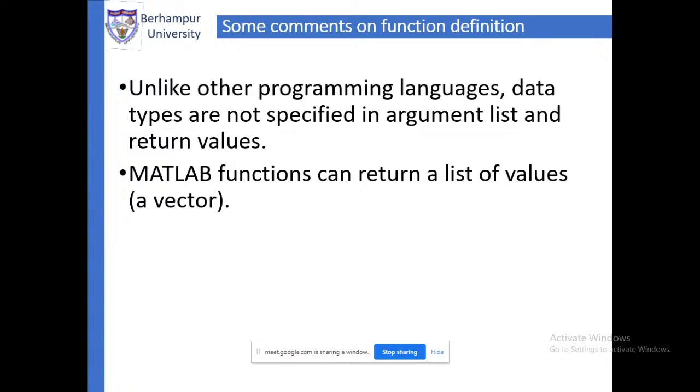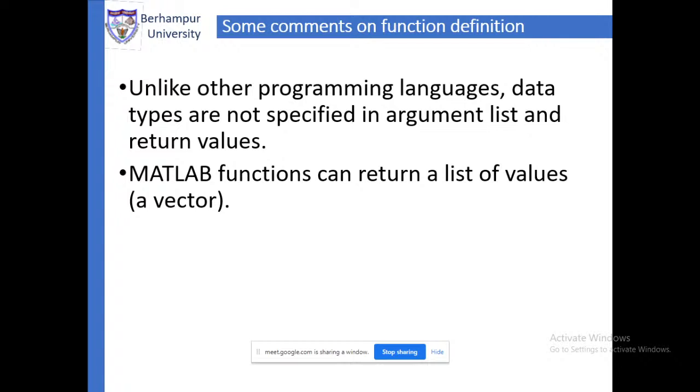Function, then within square bracket you can have rho, h, f. This is a vector within a square bracket, so that is a vector or a matrix. So multiple values can be returned in MATLAB. This is not possible with C or Fortran.